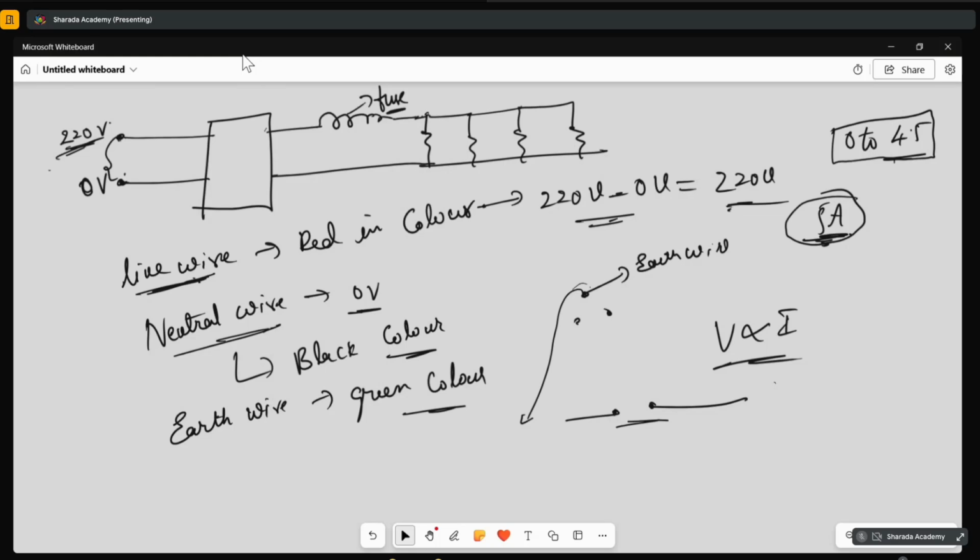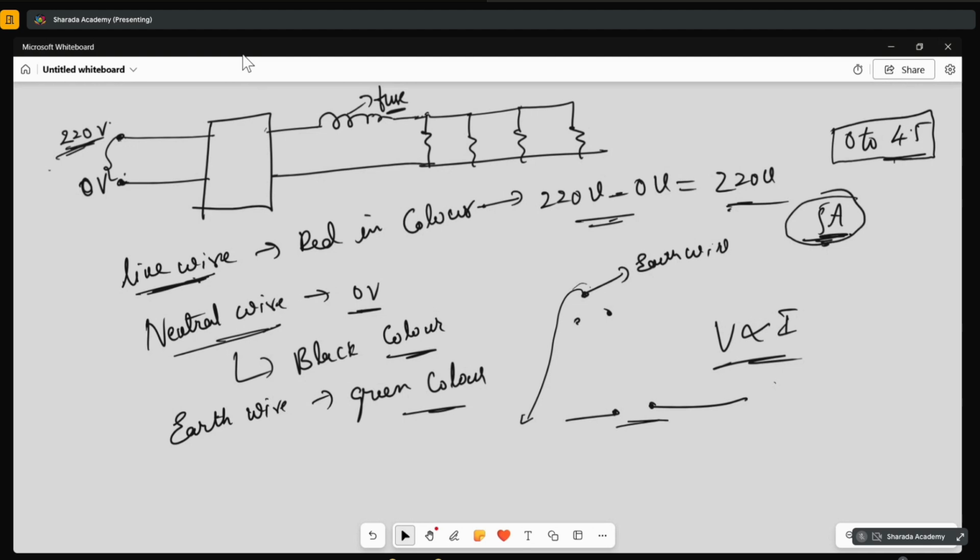If the usage is reduced suddenly, the voltage can increase. That can also happen. If there is a short circuit, it can also increase.